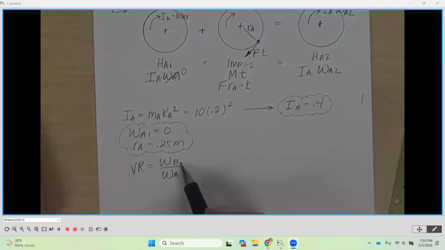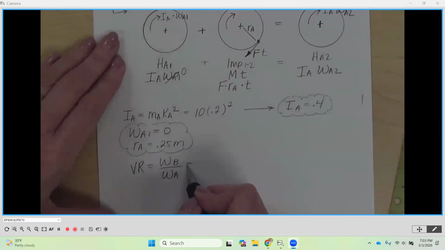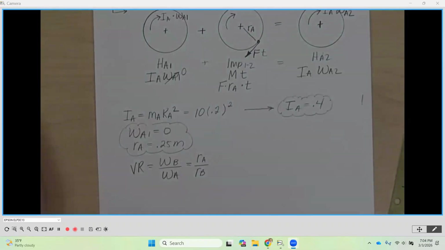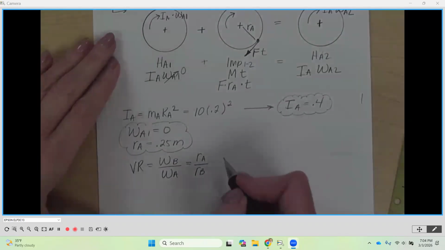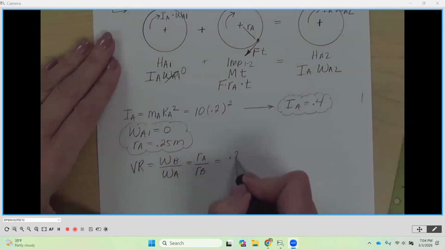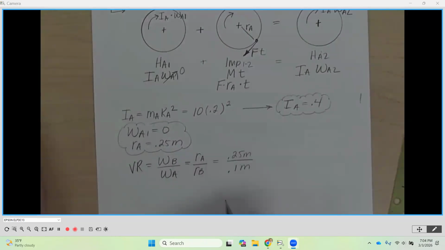B is the driver, the smaller, faster one, and A is the larger, slower one. But we can also say, size-wise, the radius of A divided by the radius of B will hold that same velocity ratio. We do know both of these, don't we? So we can say that our velocity ratio is 0.25 meters divided by 0.1 meters.